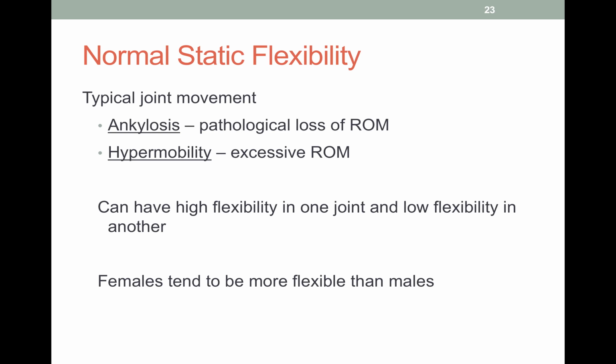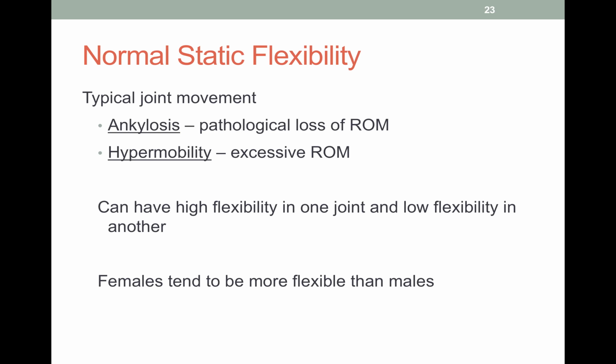However, there are, of course, abnormalities in flexibility. So, surrounding typical joint movement, if you have a pathological loss of range of motion, this is called ankylosis. So, for example, if you were to greatly injure yourself and perhaps you even had some tissue replacement in that area, like lots of fibrotic tissue, really a more stiff joint, this can reduce your range of motion.